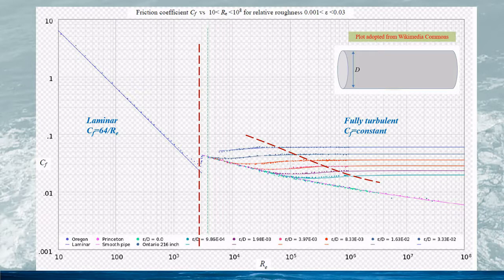The higher the relative roughness, the larger the friction coefficient. Between the laminar flow and the turbulent flow, there is a transitional flow for the intermediate Reynolds number. The friction coefficient is more complicated in this region, and correspondingly, the transitional flow is more complicated.